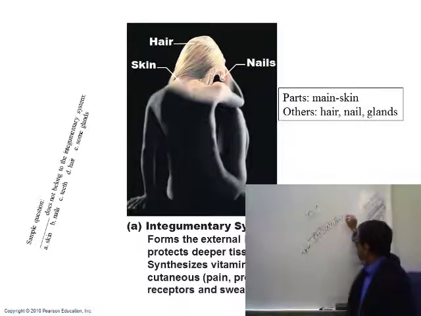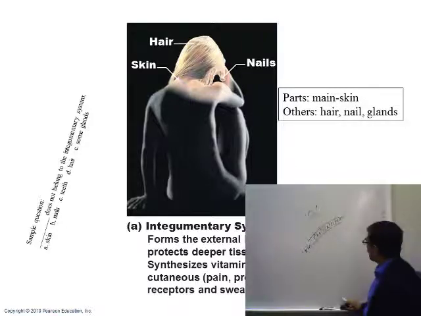Then this inactive cholecalciferol is taken to the kidneys by the blood, and inside the kidneys the cholecalciferol is converted to the active form of vitamin D that is called calcitriol.